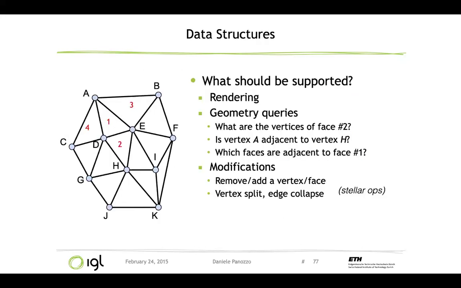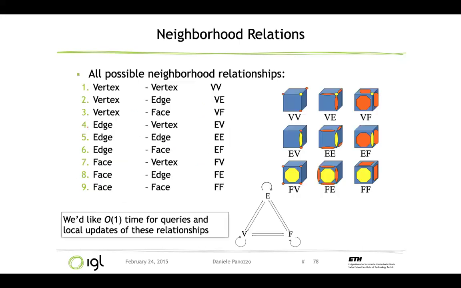And to do these geometric queries, we basically have to answer queries about neighborhood relationships: the neighborhood of a vertex, of an edge, and so on. There's a very big combinatorial structure here. But we also want to answer these queries very efficiently, ideally in order 1 in terms of time.